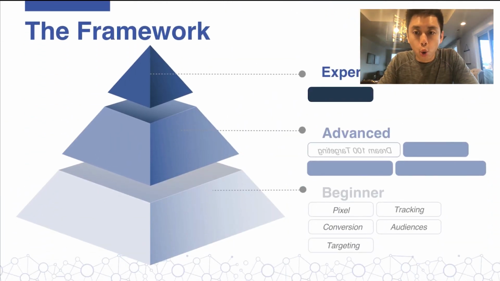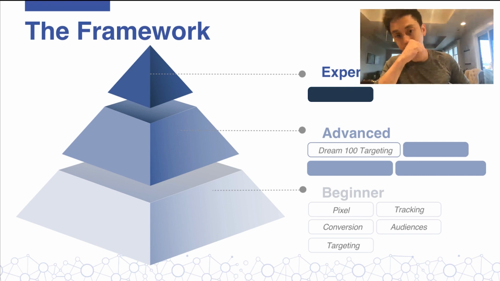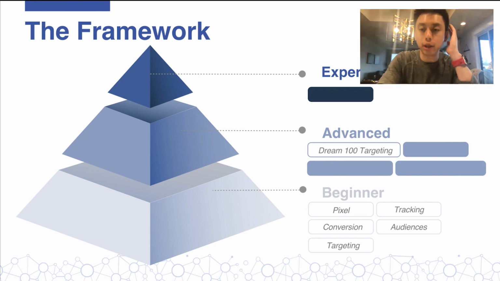The next piece here is what I call Dream 100 targeting. Now, this is something that I don't see many marketers doing other than my students. It's basically understanding that whatever market you're in, there are authors, thought leaders, and celebrities with a huge following, millions of people.